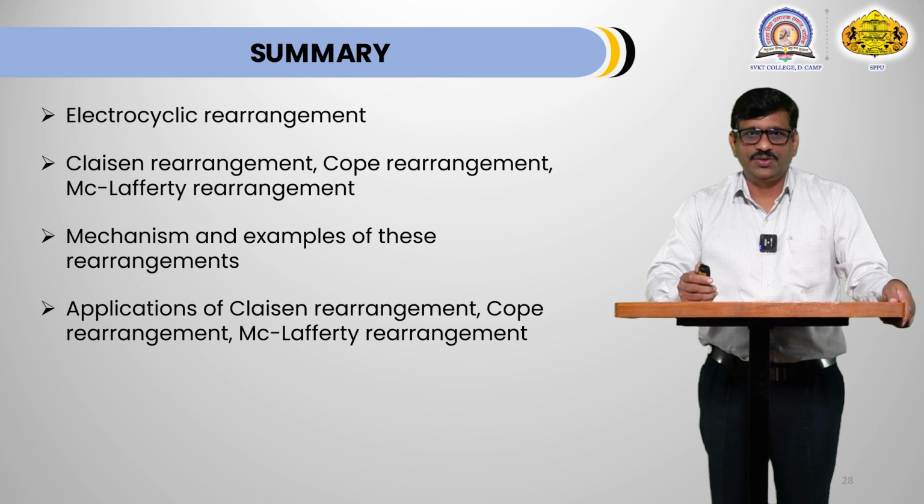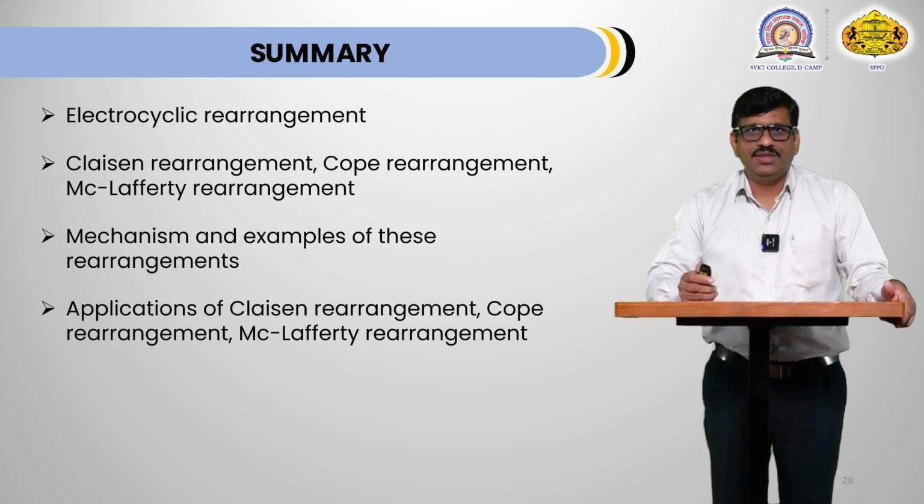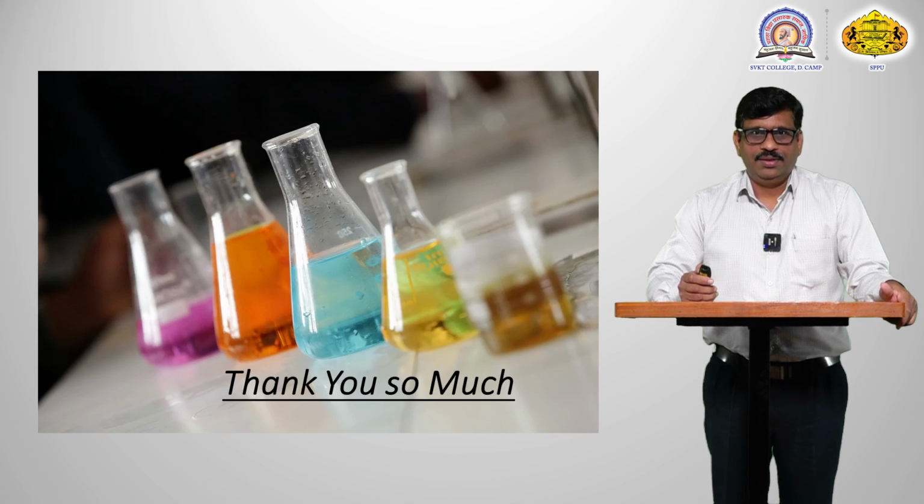We have seen the Claisen rearrangement, the Cope rearrangement, and the McLafferty rearrangement in detail, along with the mechanism of all three, explained with several examples. We have also seen some applications of the Claisen and Cope rearrangements, and the application of the McLafferty rearrangement in mass spectroscopy. Thank you.